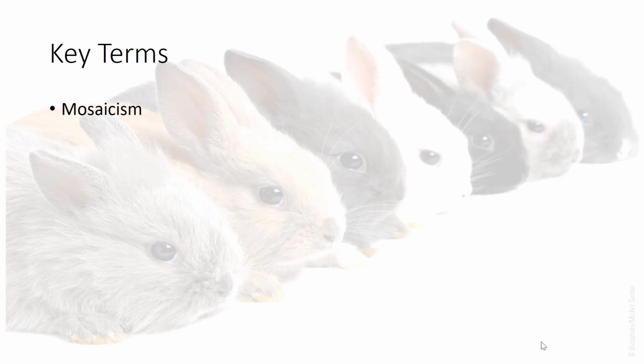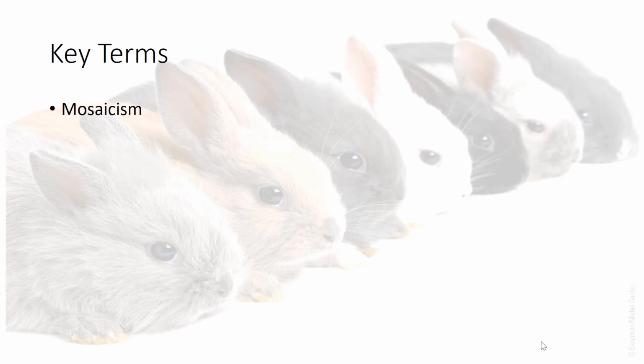First, Mosaicism. This is one of the topics we didn't get to yesterday, and in Mosaicism, what you're looking at is collections of genetically distinct cells. And so within the same organism, you actually have different lineages of cells, and the different lineages are different genetically.